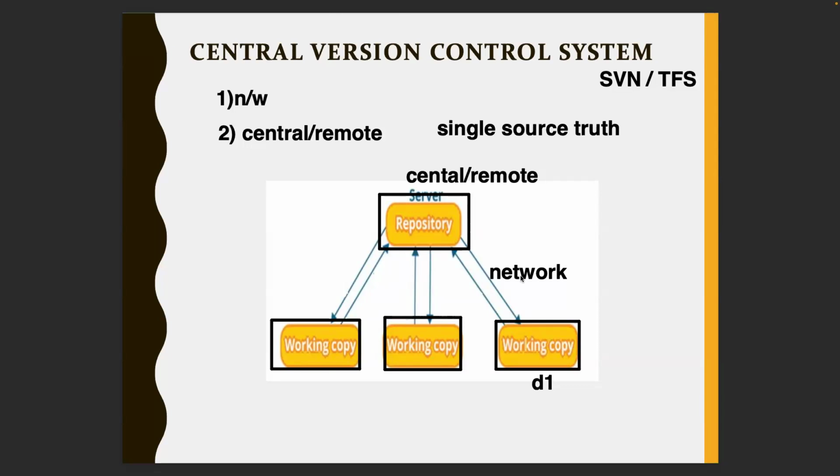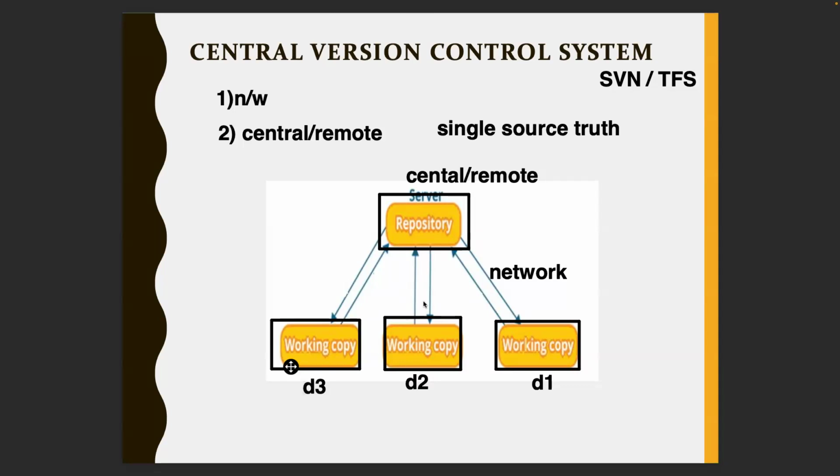So what happens if, let's say, there is no network? They can't work on it. The entire work is halted because there's no network. They cannot connect to the central server, they cannot get the files to their local or put their changes back to the remote. Yes, whoever has access can get the files from central, make changes and put them back. It totally depends upon a network.